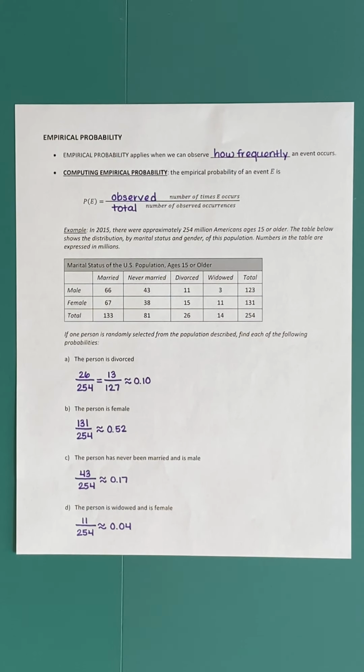So when we compute empirical probability, it's still going to be basically the same ratio, numerator over denominator. The denominator still represents a total, but now we're talking about actual things that have occurred, not just theoretical events that could occur. So we still have a total number of possible things that could happen.